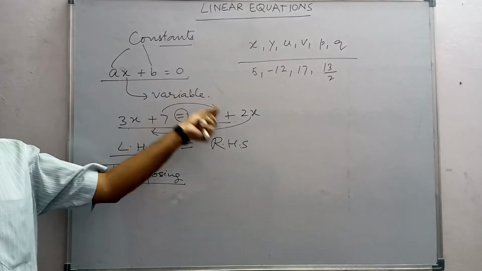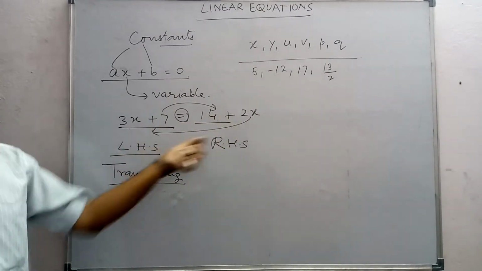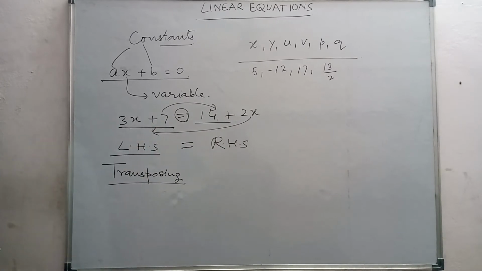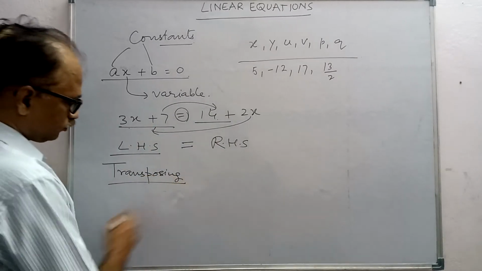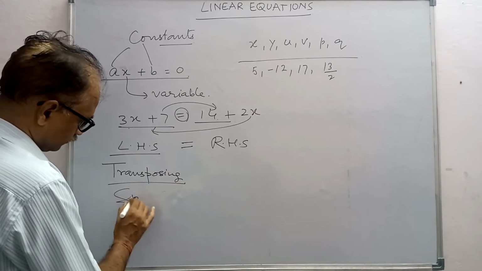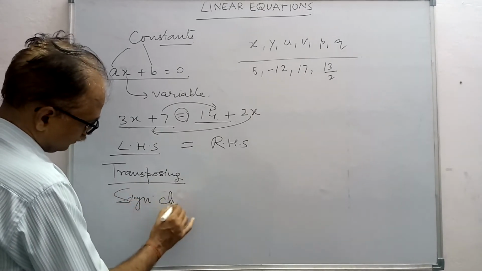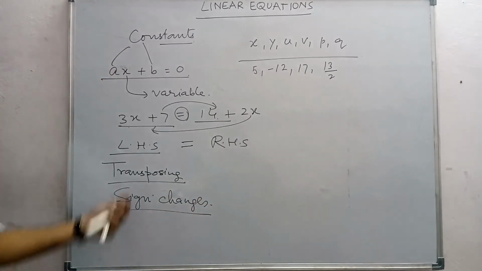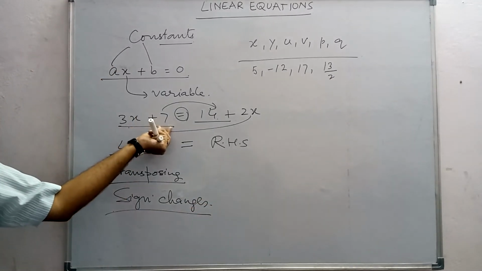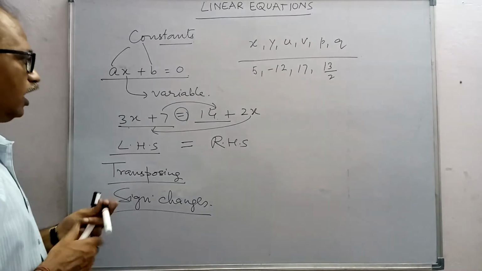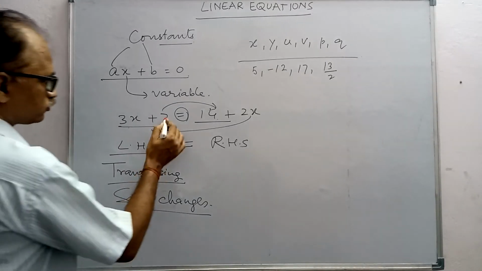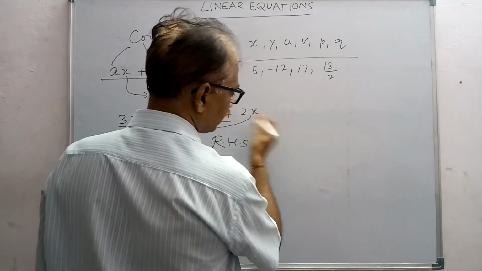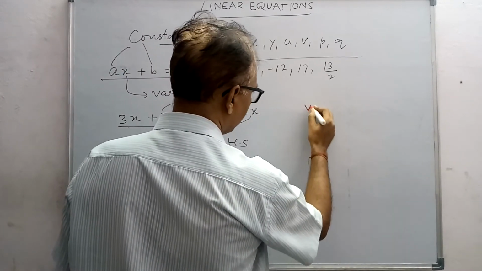So constants will be taken to the right hand side and variables will be brought to the left hand side. Whenever you do transposing, the sign changes.